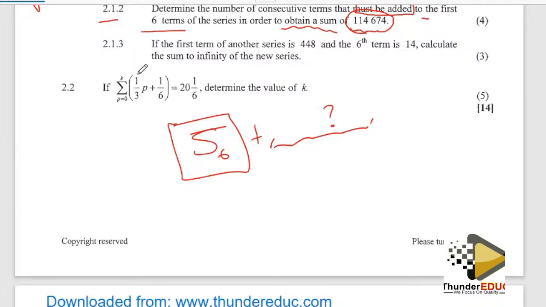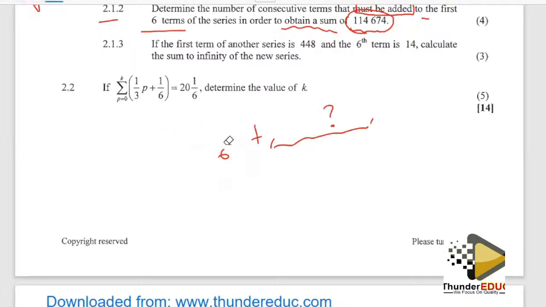If the first term is 448 and the sixth term is 14, they want us to calculate the sum to infinity. So if they have been swapped around, which means the new sequence becomes a converging one.